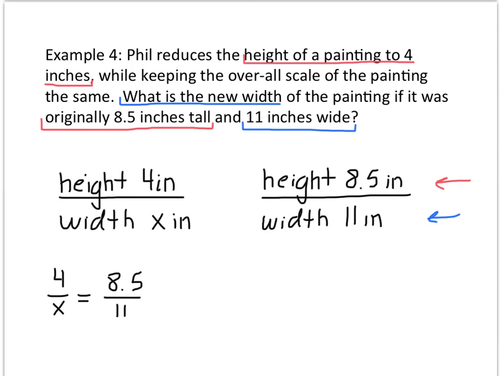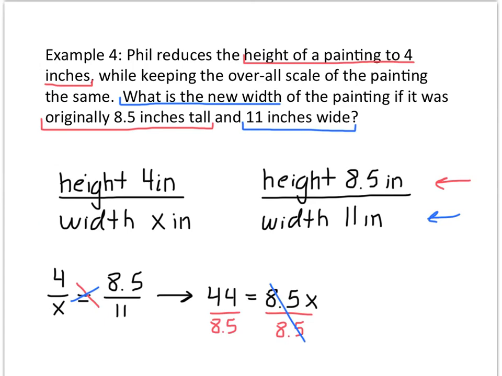So if I cross multiply, first 4 times 11, that's going to give us 44, equal to, cross multiply x times 8.5 gives us 8.5x. So now to solve for x, I'm going to divide both sides by 8.5, applying the inverse of the multiplication.